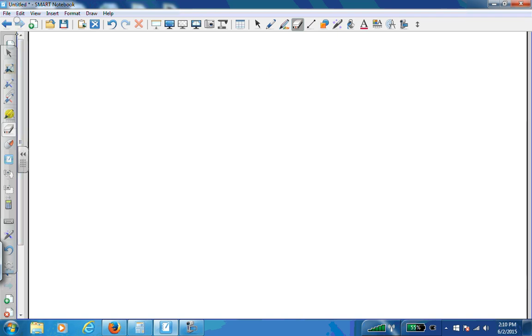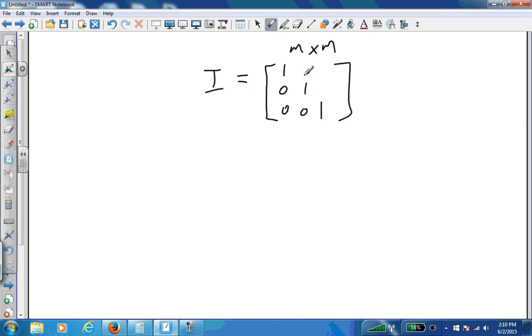Make another quick note and then we'll come back. An identity matrix is a square matrix, same number of rows and columns, where we have ones on one diagonal, all other entries are 0.